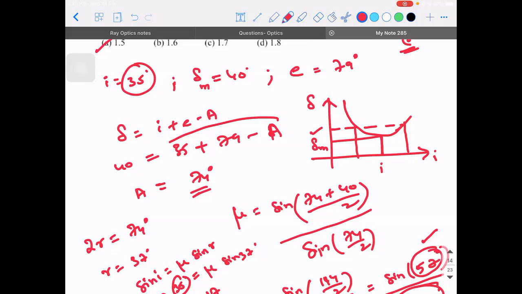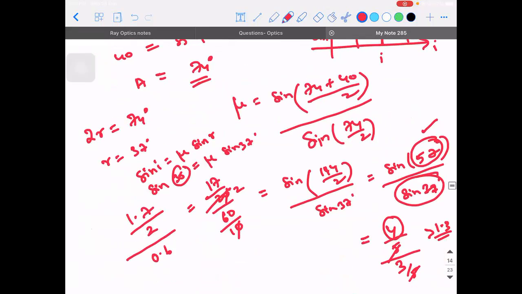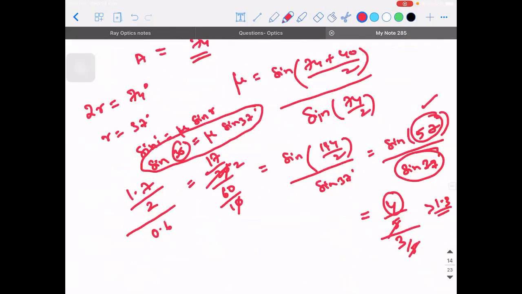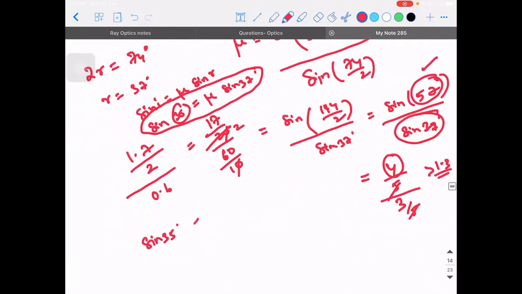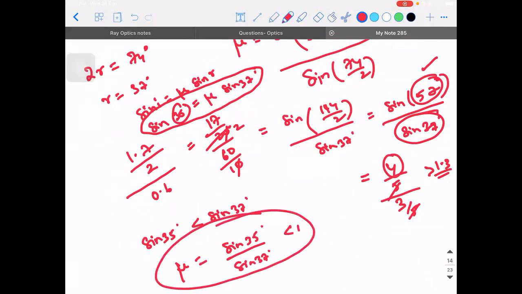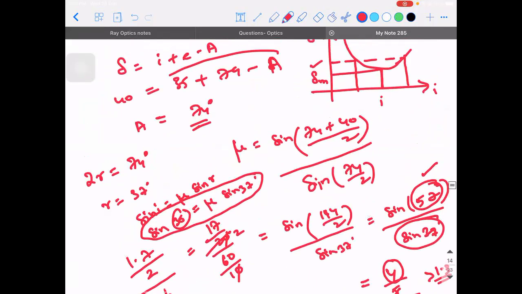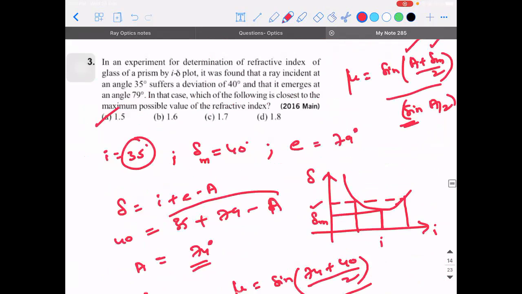Two R is equal to 74, R is 37. If we do it this way, then see, because sin is an increasing function, sin 35 is less than sin 37 degrees. So mu is equal to sin 35 by sin 37, which is less than 1. I told you the least value of refractive index is 1. So that is not possible, but I don't understand why we are getting separate values. But that logic also should work like how you told.